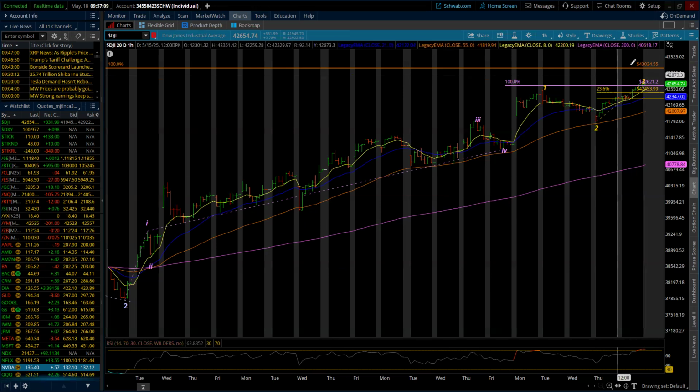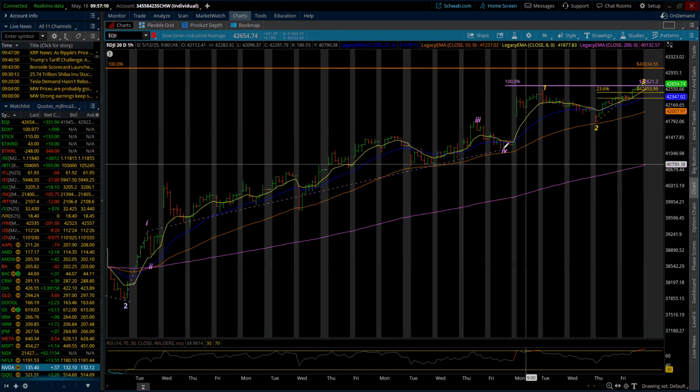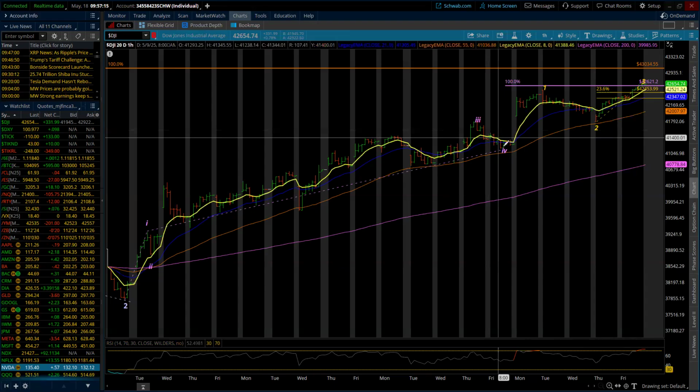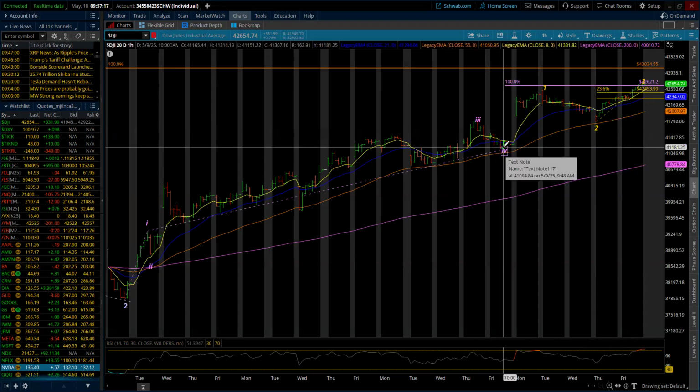But no matter what, this is the area that I'm looking. There's the teeth, the box is right there, that I'm looking for this minute fourth wave to come into. It's not all that severe, but might be enough as the market and everybody else tries to digest the credit rating change.